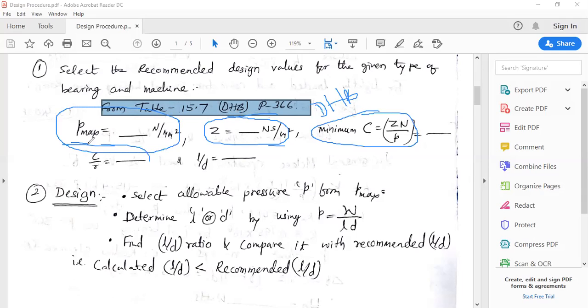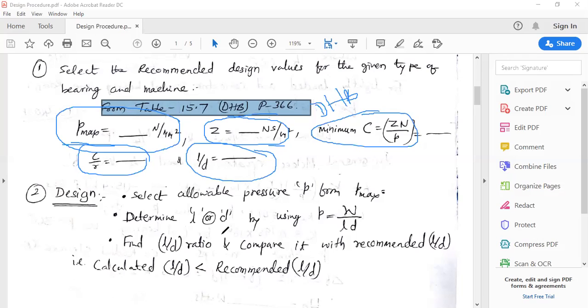And then C by R, which is nothing but the radial clearance ratio. That also we have to note down here. And the L by D ratio is also to be noted, just to identify whether the given bearing is a short bearing, a square bearing, or a long bearing.